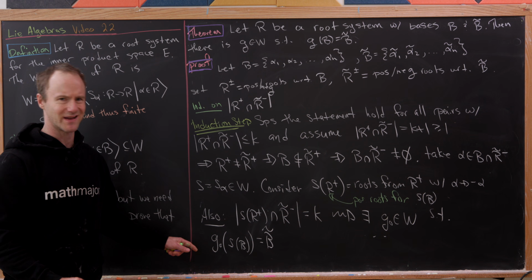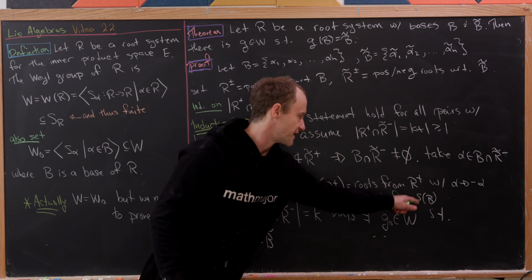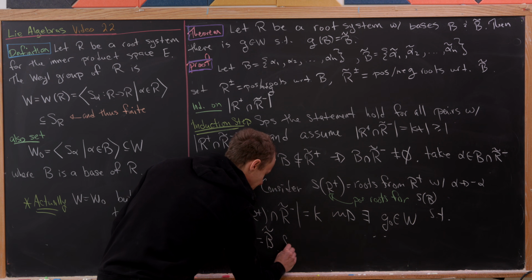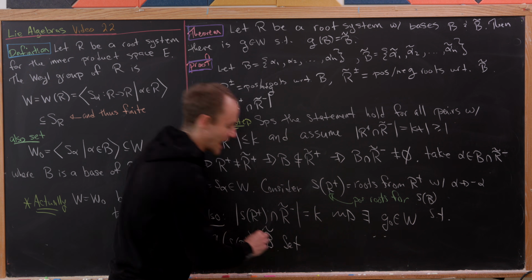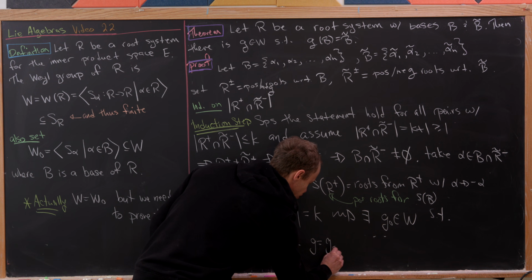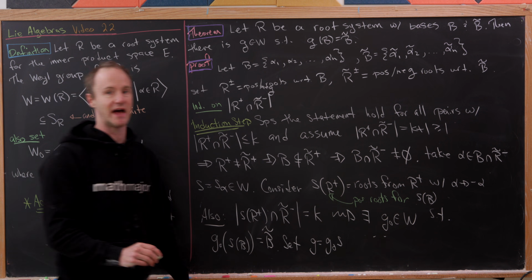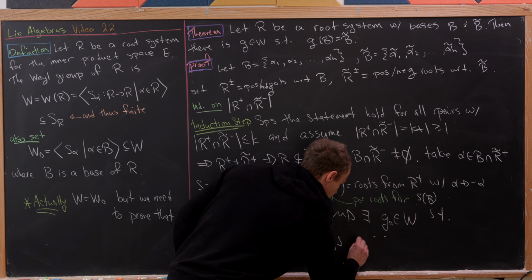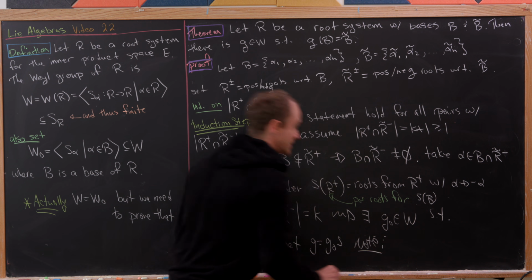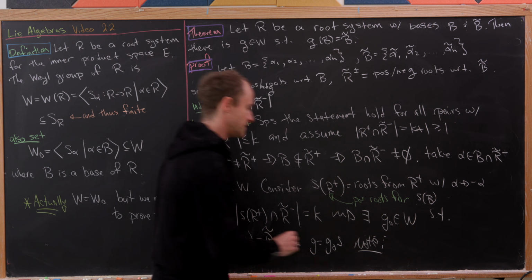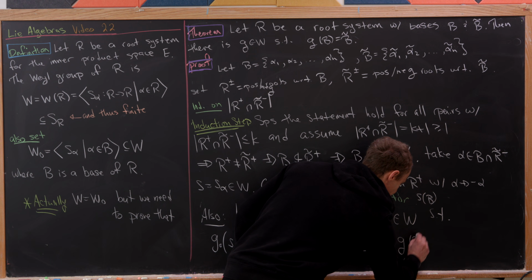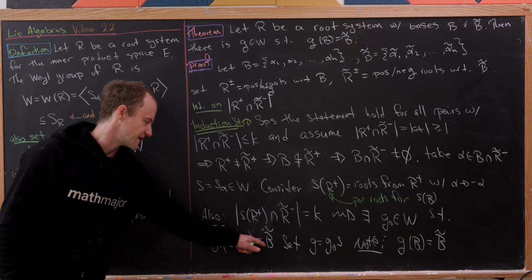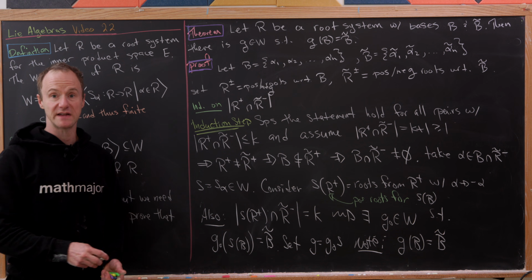So again, we're running this for this other basis S B. Okay, but then next up what we'll do is set our g equal to g naught applied to S. So that's just a composition of elements in the Weyl group. And then let's note that that essentially finishes the whole thing off. Notice that g applied to B is equal to B tilde, and that's by this rule right here. And that's a good place to stop.